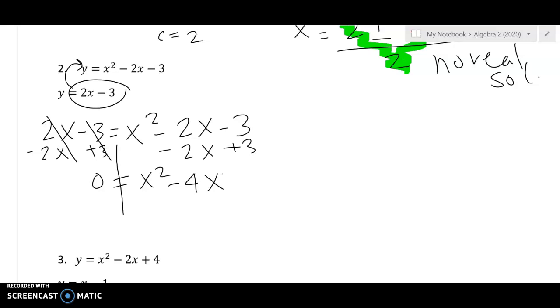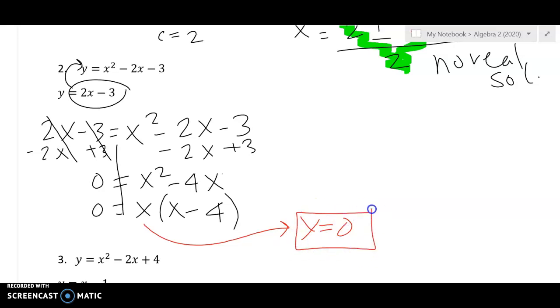But as I'm looking at this problem, I notice that I can use GCF factoring. So I'm going to take out a GCF of x. That'll leave me with x minus 4. That got rid of that quadratic. So I can do the ZPP, which means take each factor and set it equal to 0. So that first one is x equals 0. There's one of my answers. And this other one is x minus 4 set equal to 0.